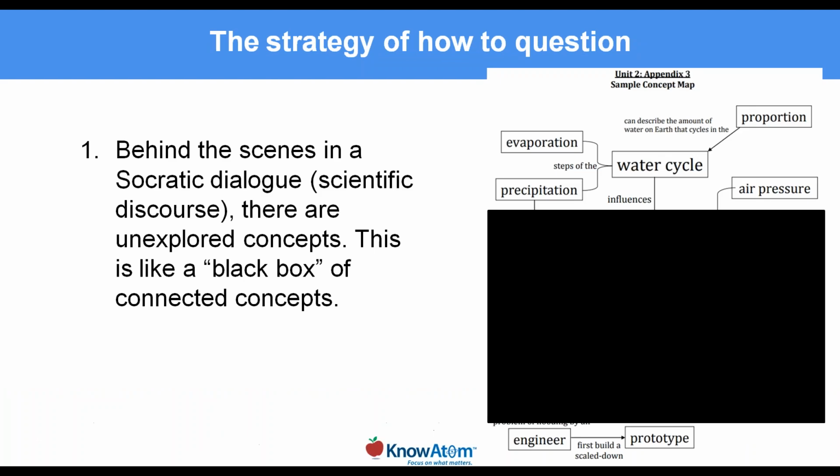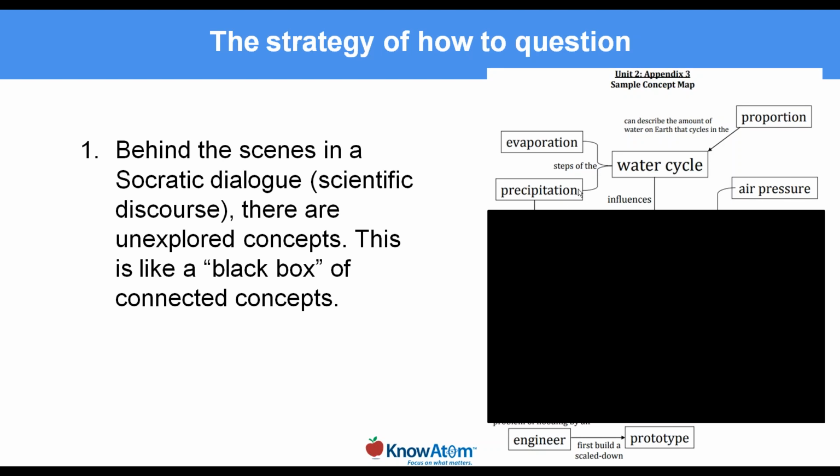And a student might pop up and say, well, it has to do with precipitation. And you might say, well, can you tell me more about that? And that student might say, well, precipitation is part of the water cycle, and the water cycle is happening here, and another part of the water cycle is not just precipitation, but collection.